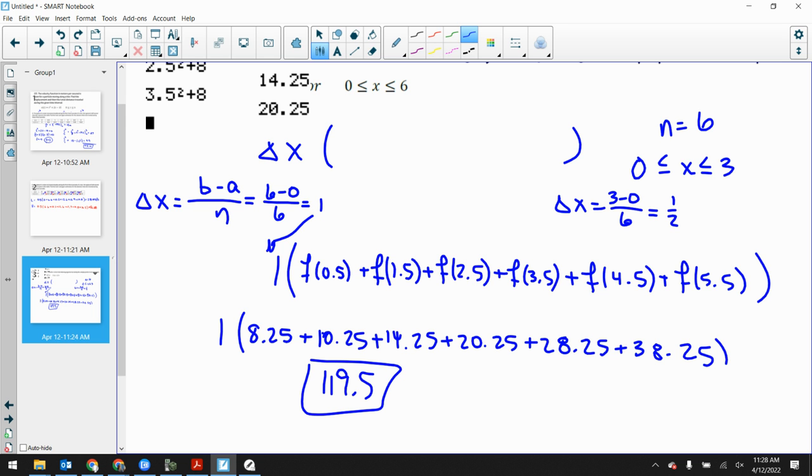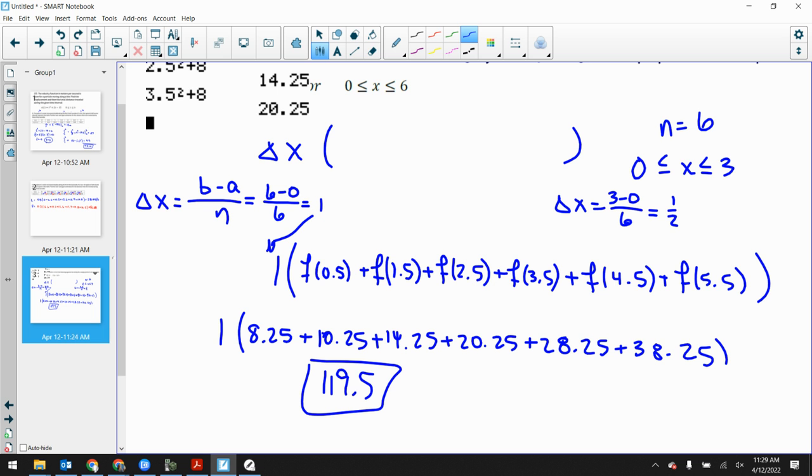So each strip's width is 1/2. So now my first strip is not 0 to 1, it's 0 to 1/2. So what would be the midpoint of that? 0.25. So if your delta x is 1, then it's half. If your delta x is anything else, then you just have to calculate what that would be. Take half of it.